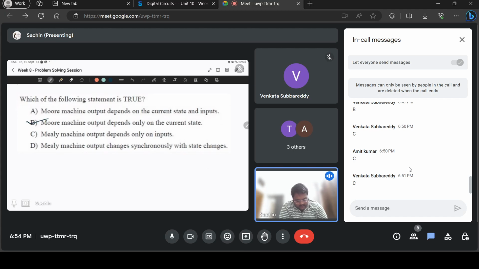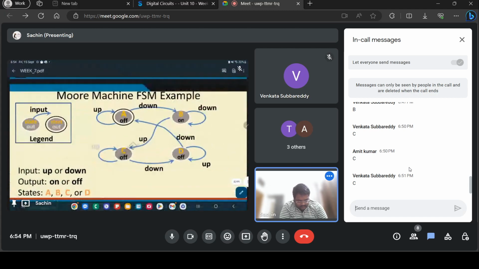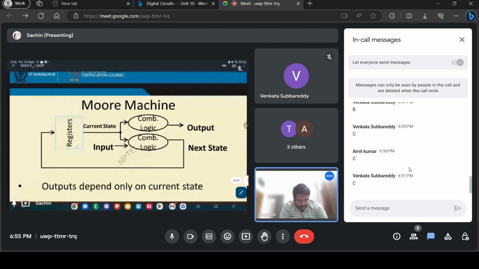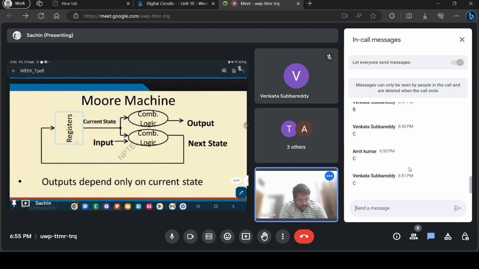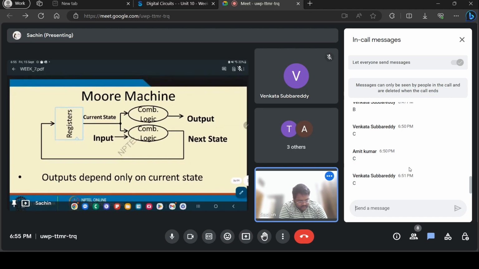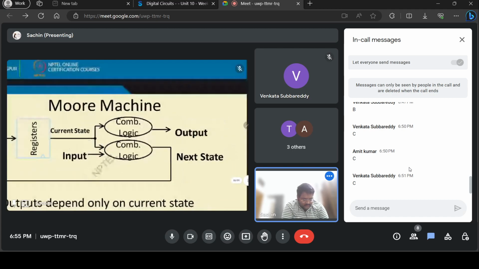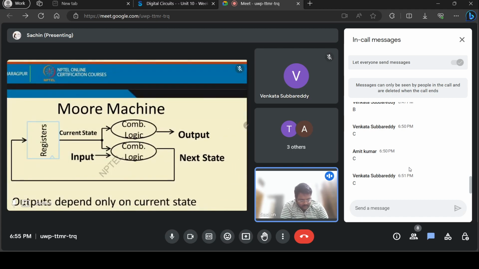Okay. Any confusion in this? You can see the state machine. From the current state, they have directly connected a combinational logic circuit to give you the output. So the output depends on the current state, that's all.